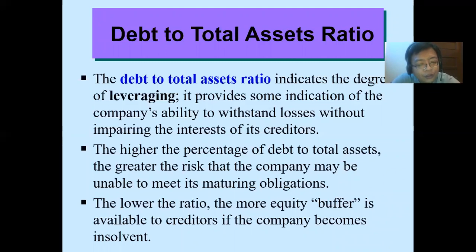But also, the lower the ratio, the more equity buffer is available to creditors if the company becomes insolvent. So, ganun lang. Ano yung standard here? Wala naman as long as you can be able to balance your debt with your equity.